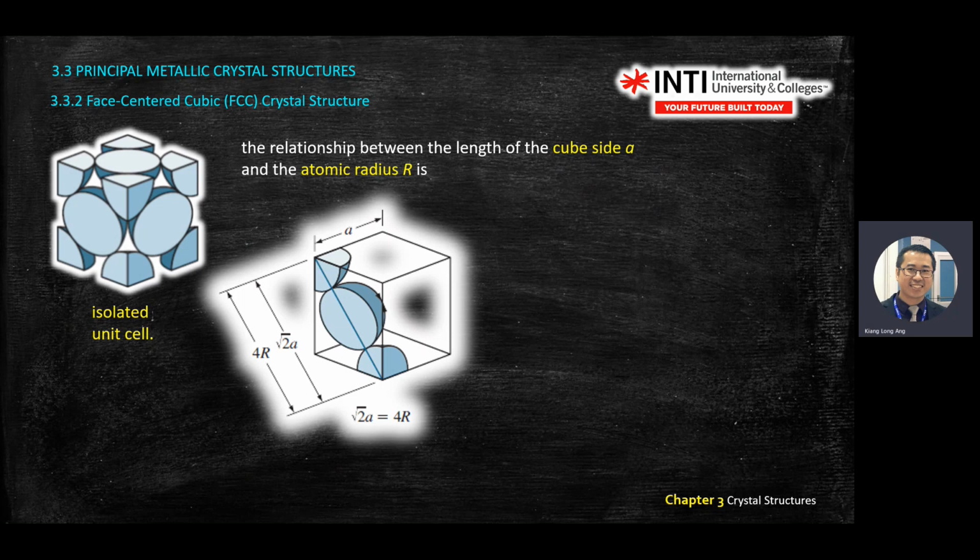Here to here, A. Here to here, A. This is the right triangle. So how to find the hypotenuse? Square this one, square root, you get this one. Then this one equals this one. You can get the relationship between A and R. You move square root of 2 to the other side.